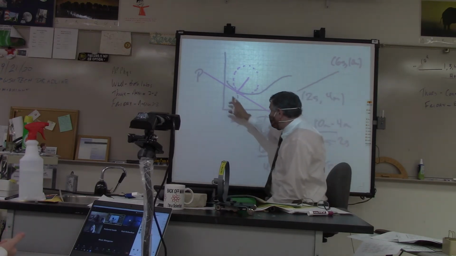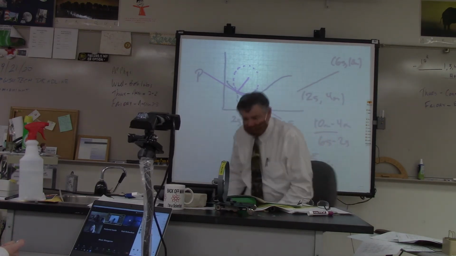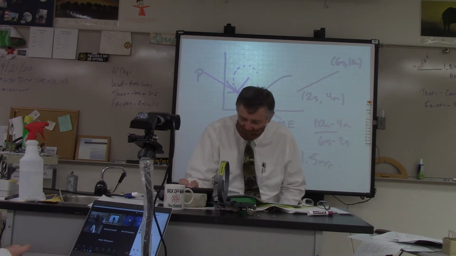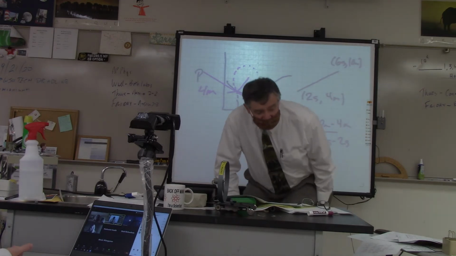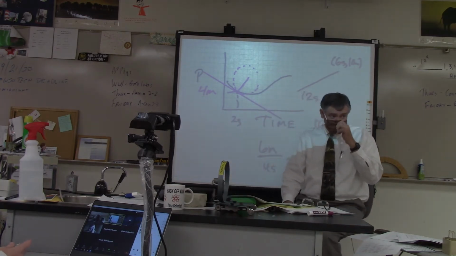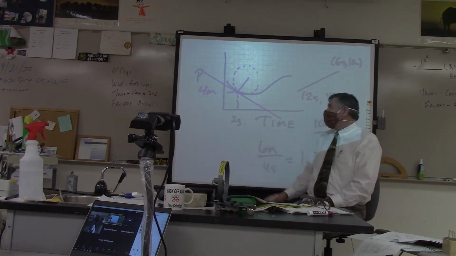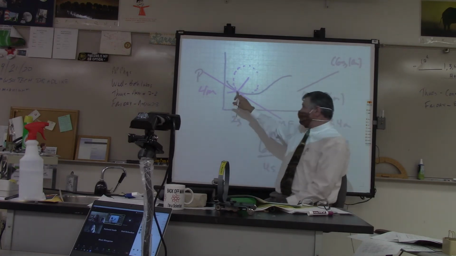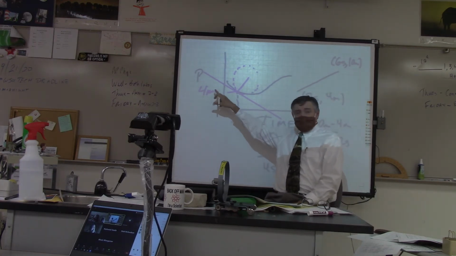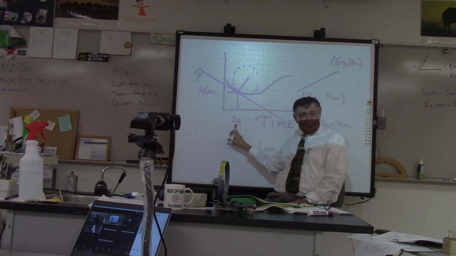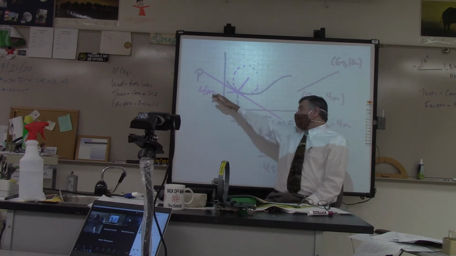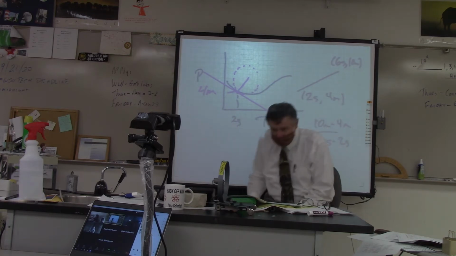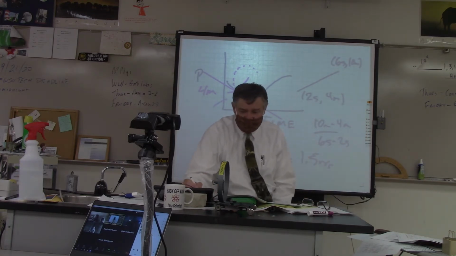So now, let's just say that this point over here is like 4 meters. Now, here's what you cannot do. To calculate the velocity at this point, you just cannot take 4 meters and divide it by 2 seconds. Because if I just take 4 and divide that by 2, I would get 2 meters per second.